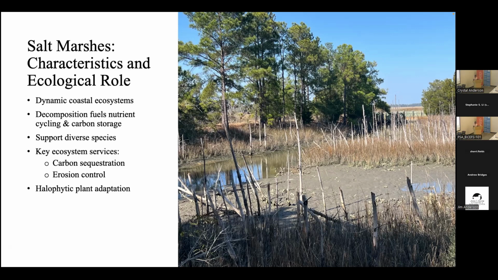Finally, the plants that dominate these systems are halophytes, especially adapted to survive in high salinity.